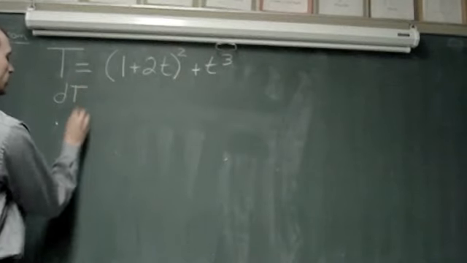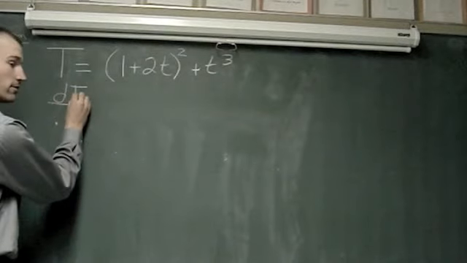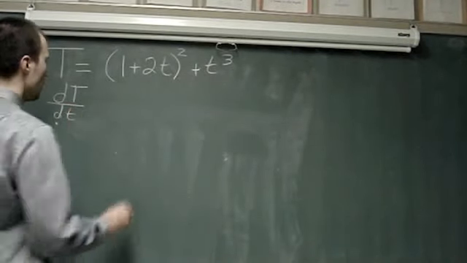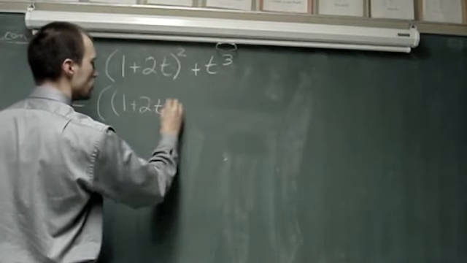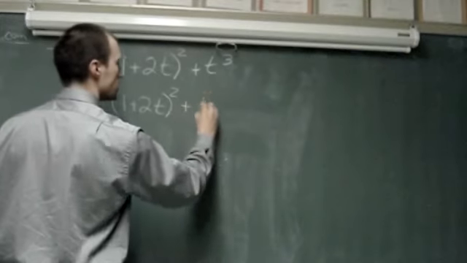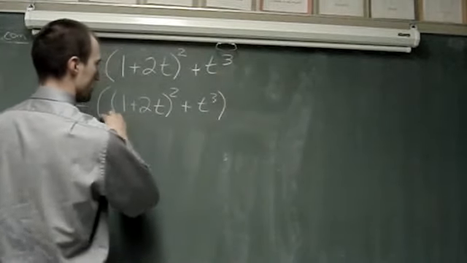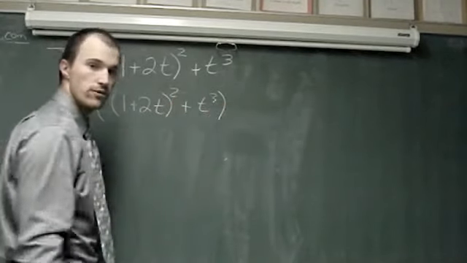So our differentiation looks like d capital T, the derivative of capital T with respect to little t, of our whole quantity here, the (1 plus 2t) squared plus t cubed. And so here we have two different terms.